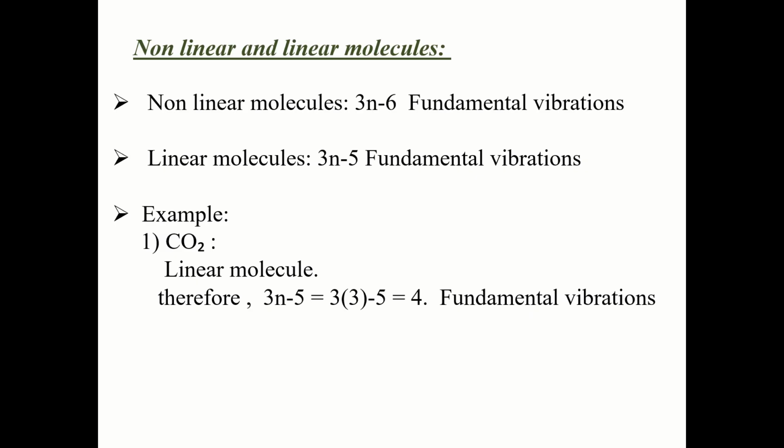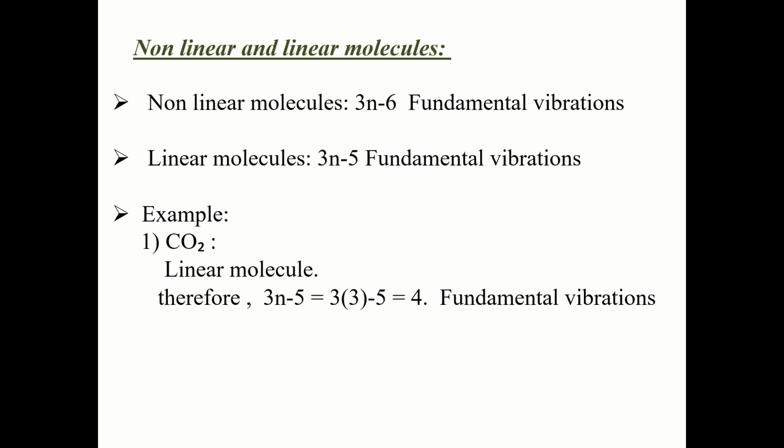Now, how do we get the fundamental vibrations for linear molecules and for non-linear molecules? In the case of non-linear molecules, we get 3n minus 6 fundamental vibrations, and for linear molecules 3n minus 5, where n is the number of atoms. Let us take one example, CO2. First, we should know the structure of our molecule.